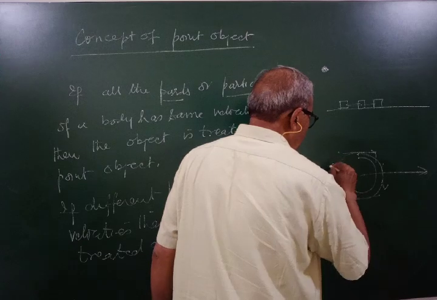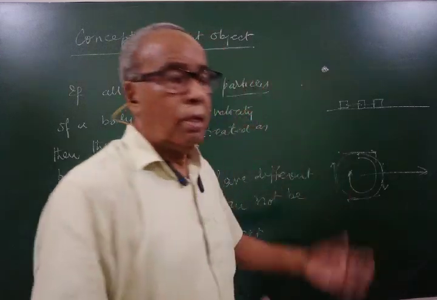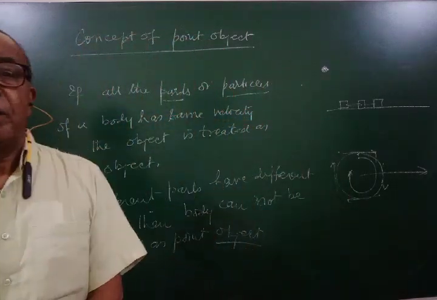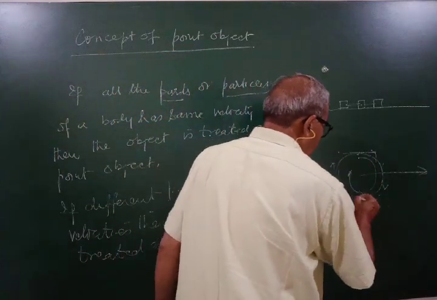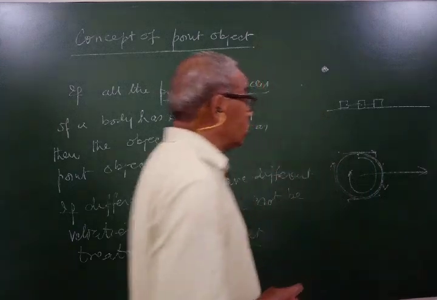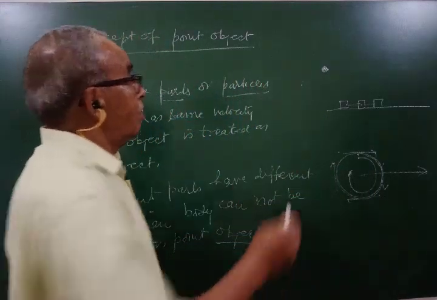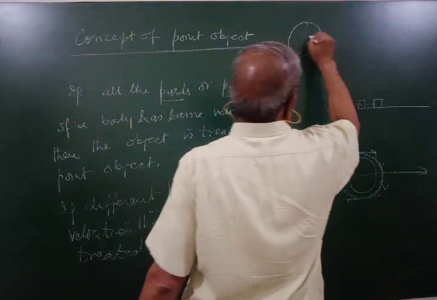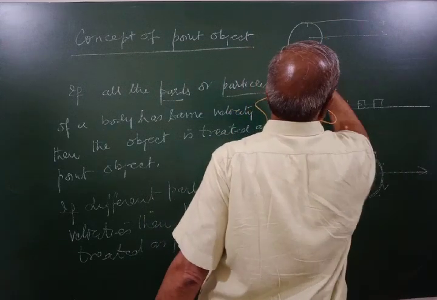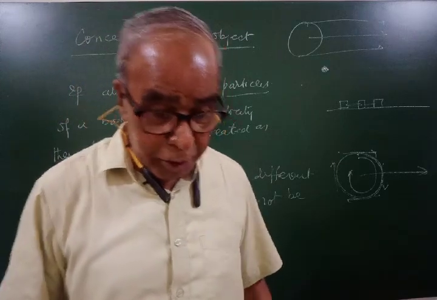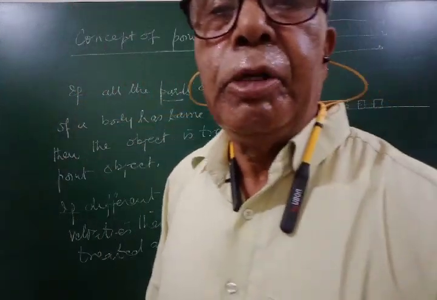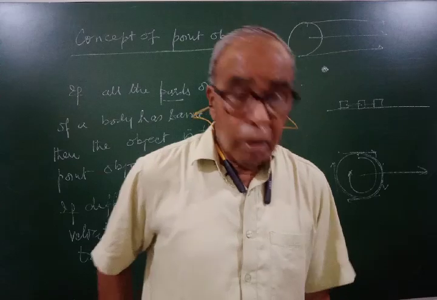So a spinning ball, even though small, cannot be treated as a point object. If there is no spin and the ball was going straight, all particles have the same velocity, then we can treat that as a point object.